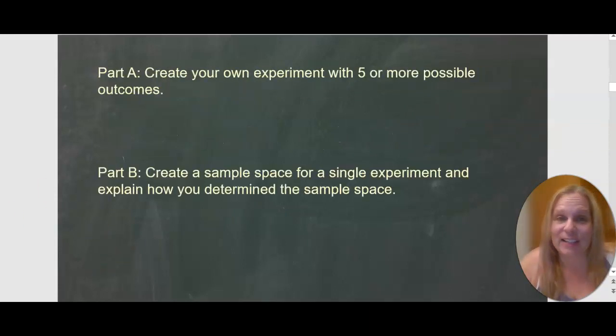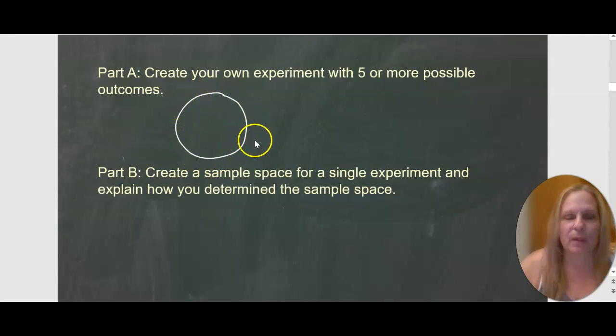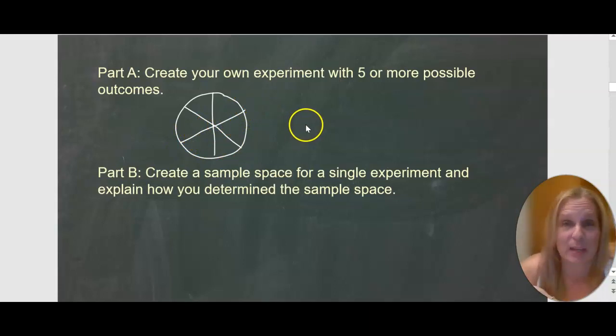And finally, create your own experiment with 5 or more possible outcomes. All right, so my experiment is going to be a spinner. And the spinner is going to have 6 equally sized spaces. And of course, if I couldn't draw this, then I would just explain that I would have a spinner with 6 equally sized spaces, and they're going to be numbered from 1 to 6.